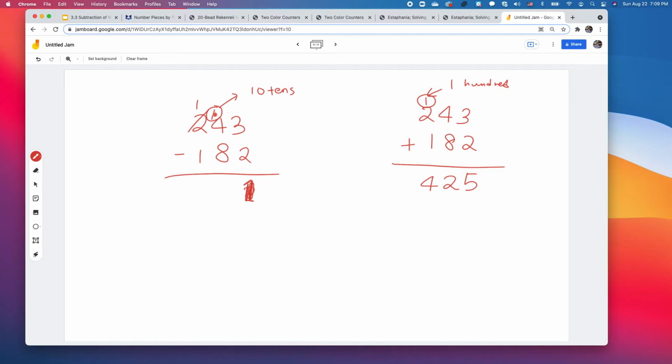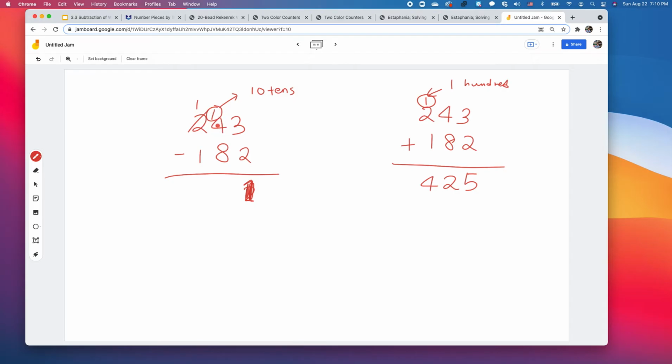That's why I'm writing this small one a little bit in front of 4, not right above it. Because this is 100 and that's 200, same digits. I put it right above so I can get to know this is hundreds, that's hundreds, that's hundreds. But this one is 10 tens, so it comes a little bit before these digits, so this makes 14 instead of 5.